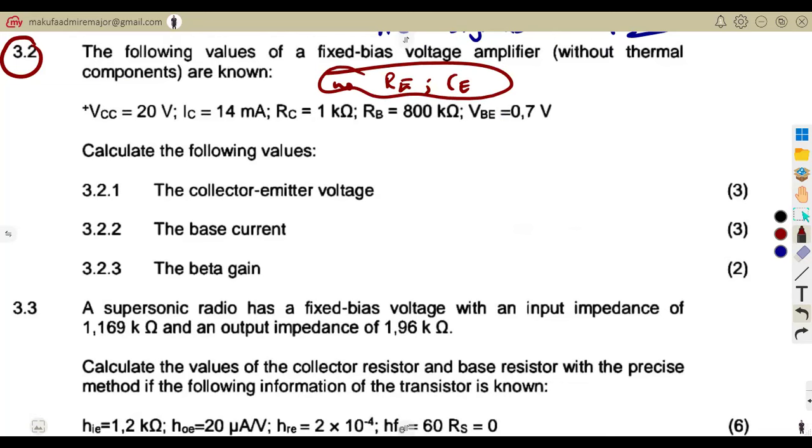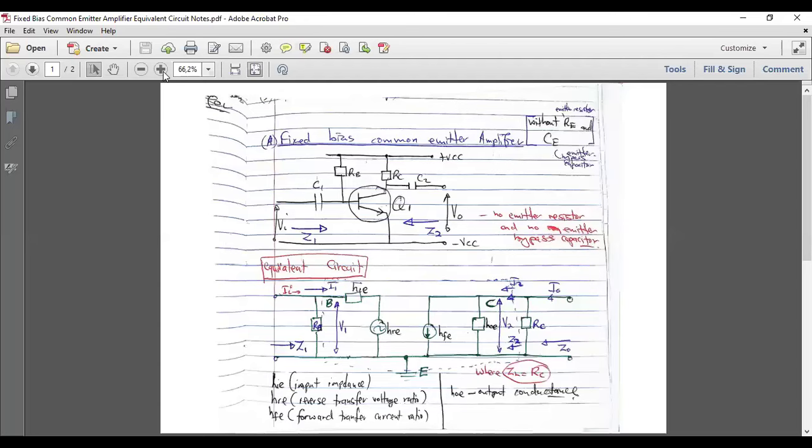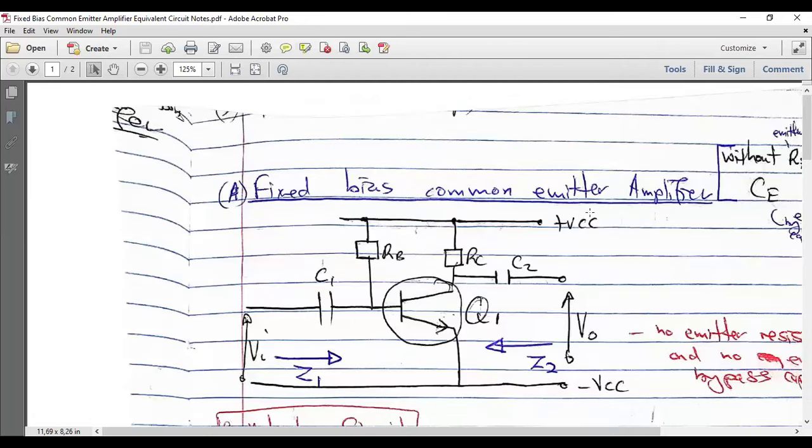So on that information that you are given, we need to consider one or two things from our introduction. Remember, I actually referred to this before we talked of the equivalent circuit. I want you to just see the circuit diagram so that we do not waste much time. This is part of our fixed bias common emitter.